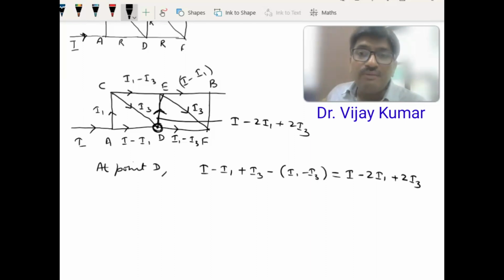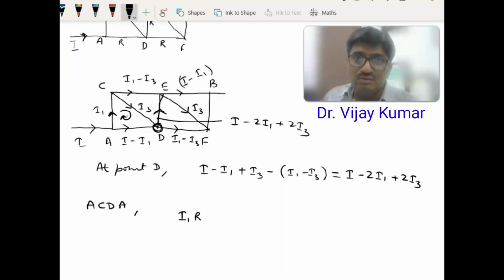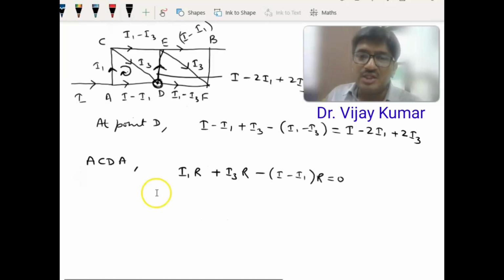Now if we apply Kirchhoff's second law in mesh A, C, D, A, the current I1 through resistance R is clockwise, and current in AC is in the direction we considered, so it is positive: I1R plus I3 into R. Current in CD is clockwise, and current in DA is anti-clockwise, so we take minus (I minus I1) into R, and it should be 0 as per Kirchhoff's second law.